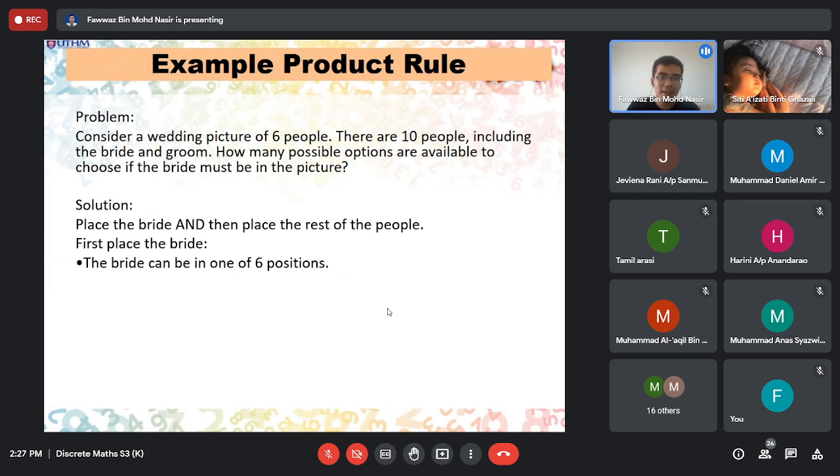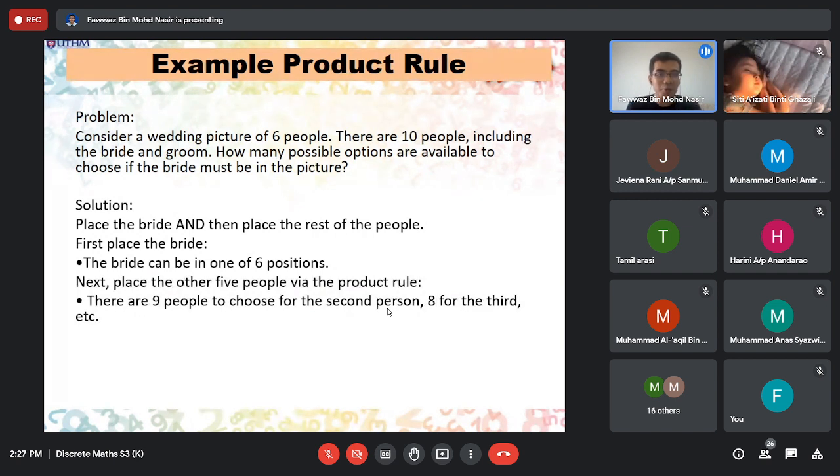Then kita solve pula the second part, how to position the remaining people into the remaining seats dalam picture tu. So sebab kita ada 10 orang kan tadi, tolak bride, jadi kita tinggal 9 orang yang remaining, 9 people yang kita boleh pilih untuk position di dalam picture tu.